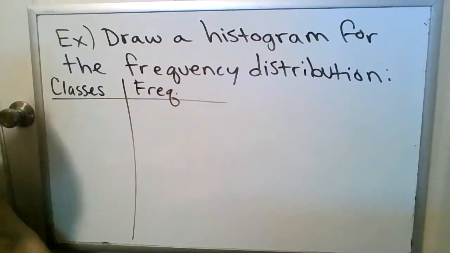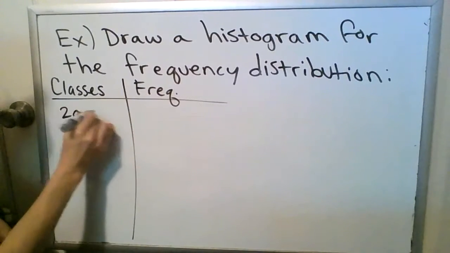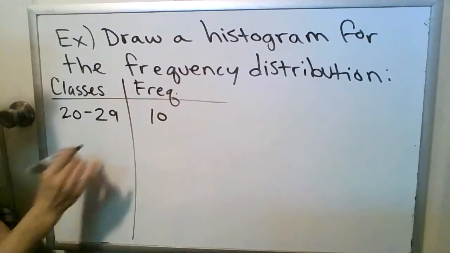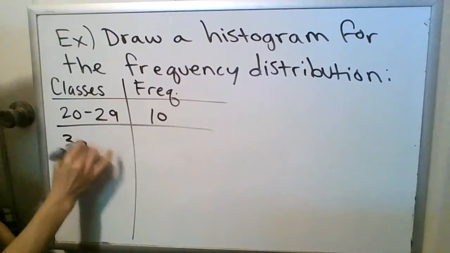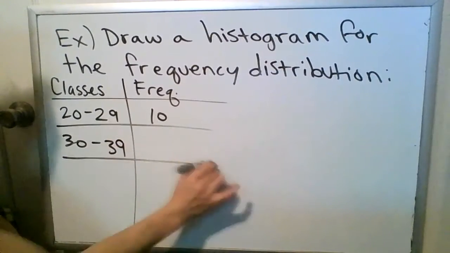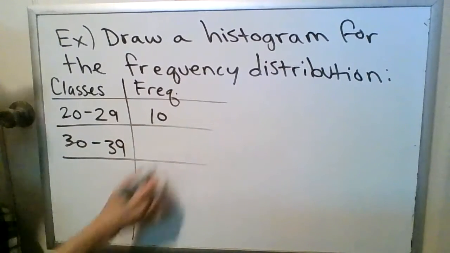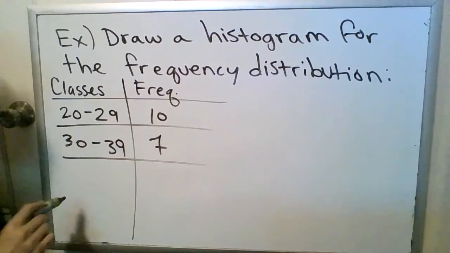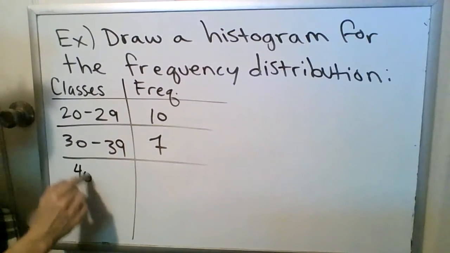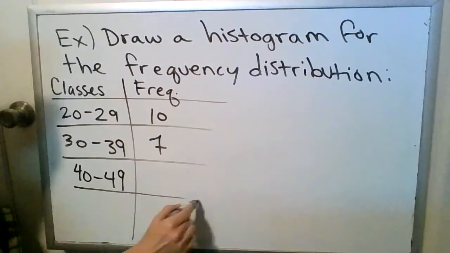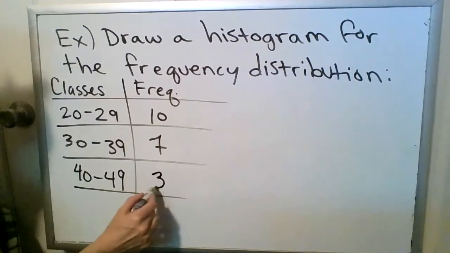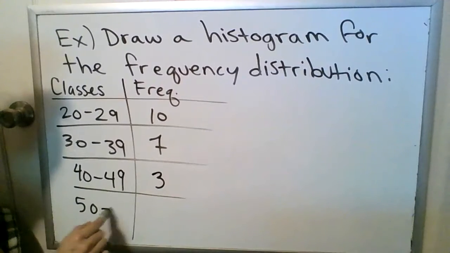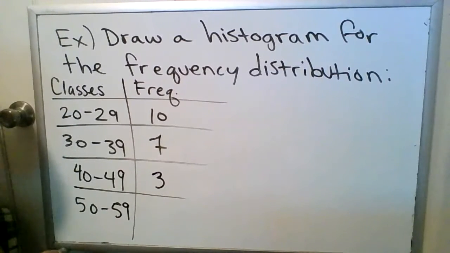First class goes from 20 to 29. Its frequency is 10. Then from 30 to 39, our frequency is 7. 40 to 49, its frequency of 3. The last one goes from 50 to 59, and its frequency is 1.